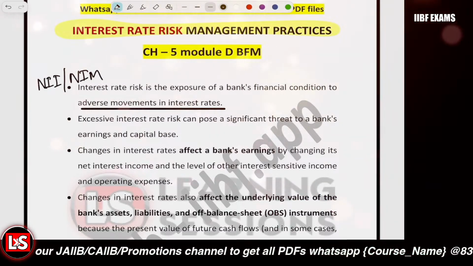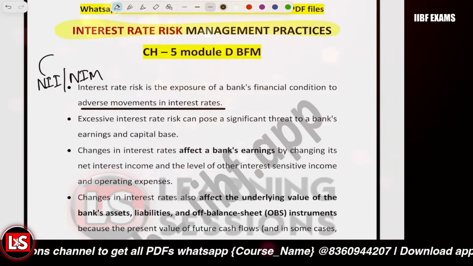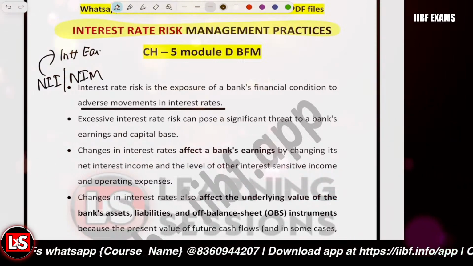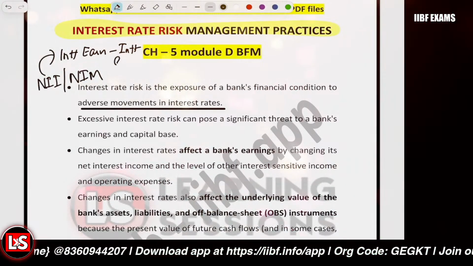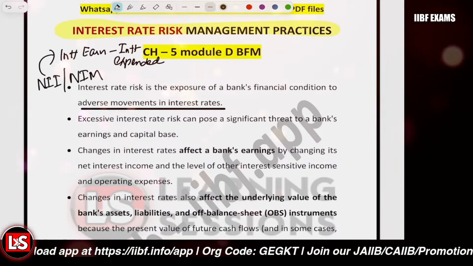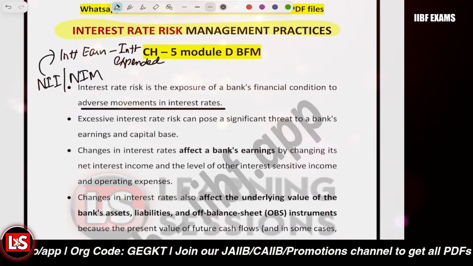Now, what is NII? The net interest income, as I've already told you, is the interest that we earn minus the interest that we are paying, or the interest expended, or the interest paid. And what about the NIM? What is the formula related to NIM?